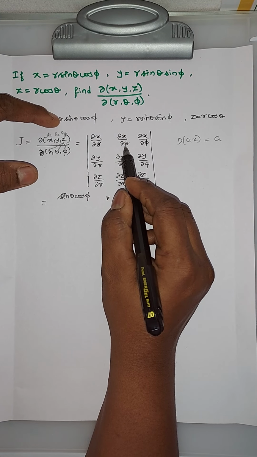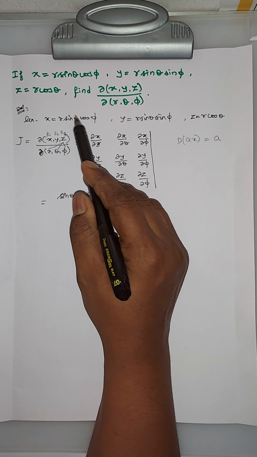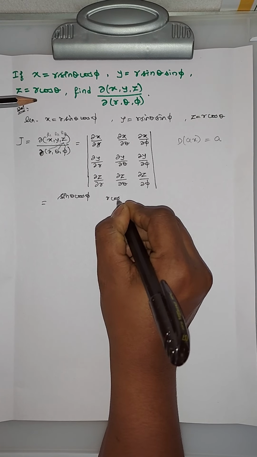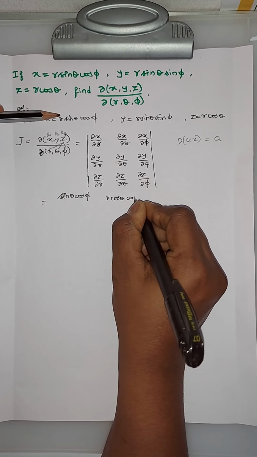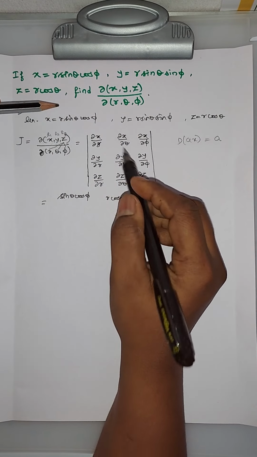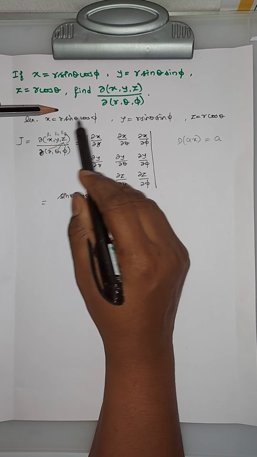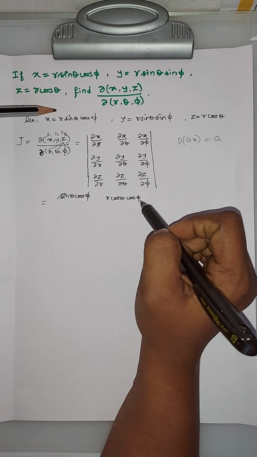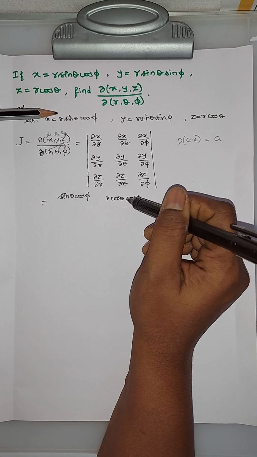We are differentiating with respect to theta, so the sine theta becomes cos theta, and this cos phi comes as it is. So this r cos phi comes as it is, and the sine theta alone becomes cos theta after differentiation.